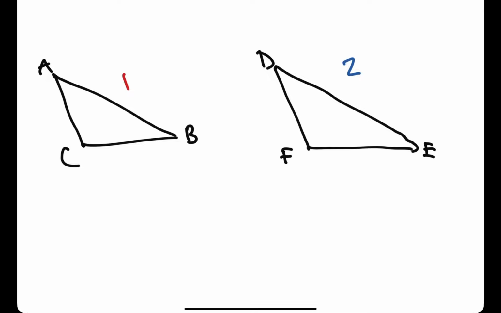Over here we have two triangles, and we already know that these are congruent. So we can write this down.